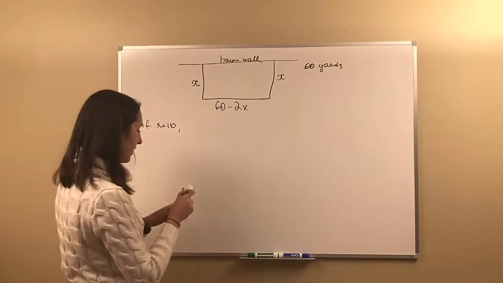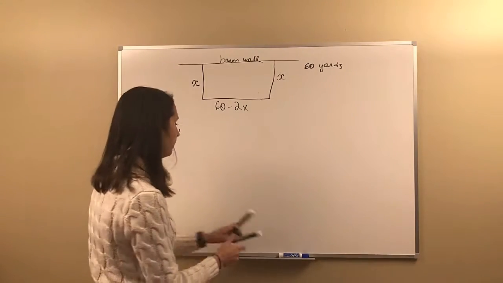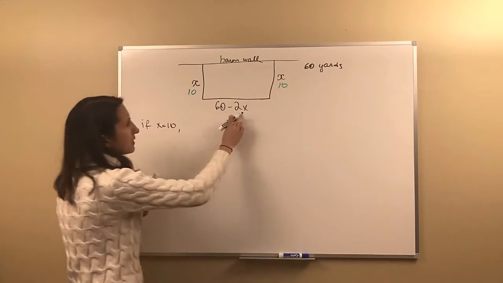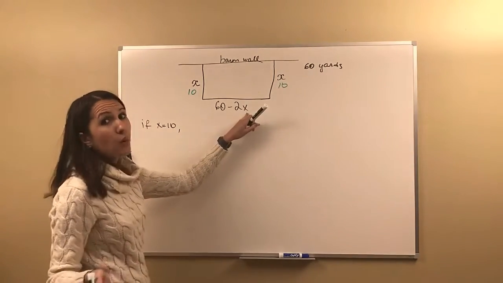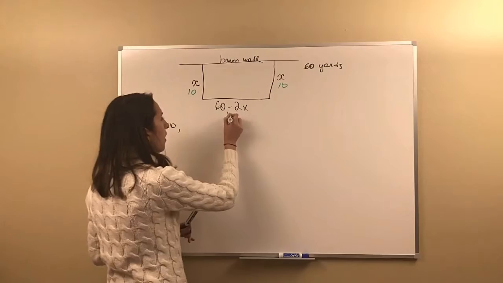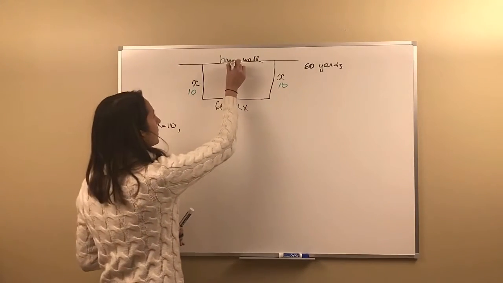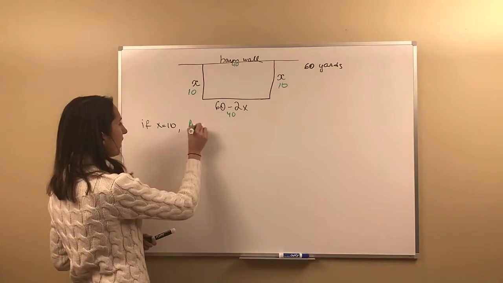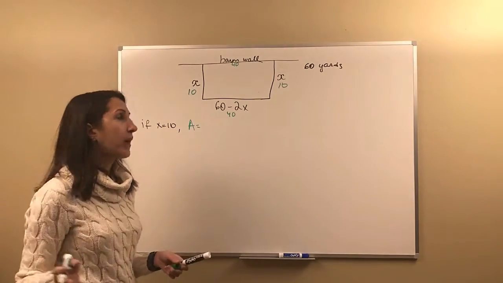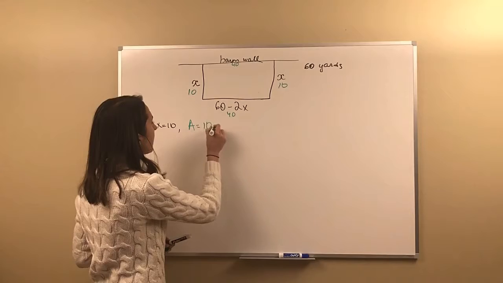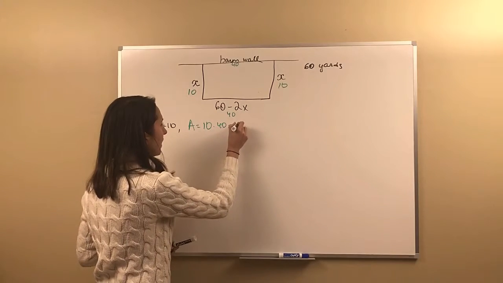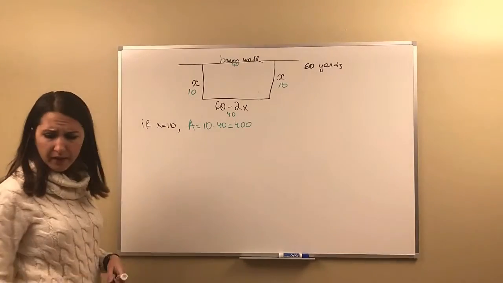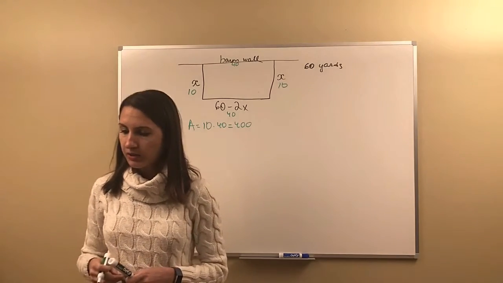So obviously that would be also 10, that would be 60 minus 2 times 10, 20, 60 minus 20, 40. Again, using congruency, that will be 40 as well. And now we need to find the area. So the area is length times width. I hope everybody knows that. That would be 400. Excuse me. So that's also pretty straightforward.